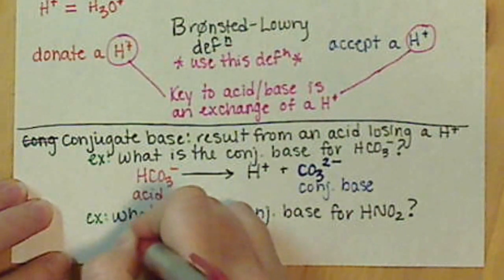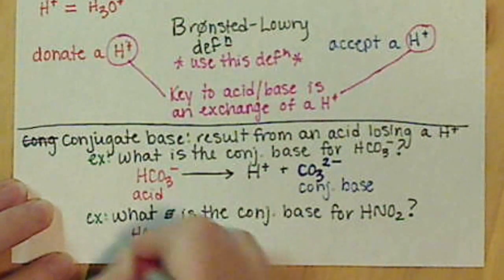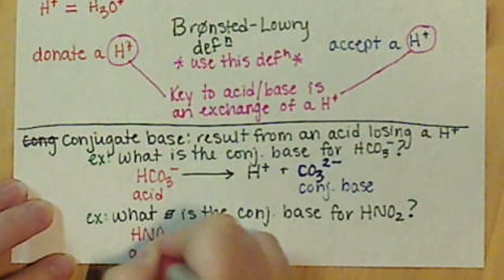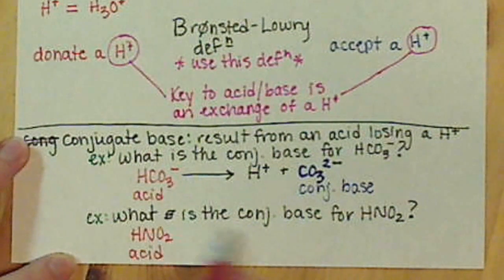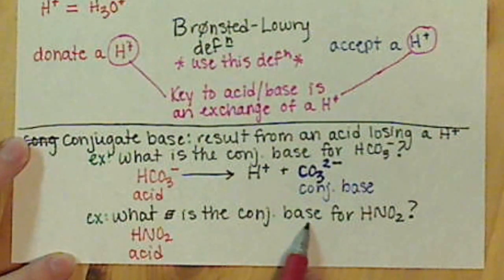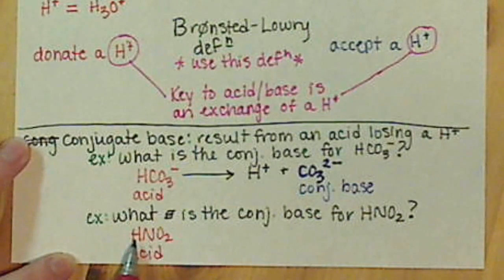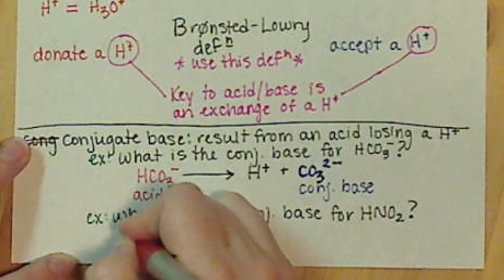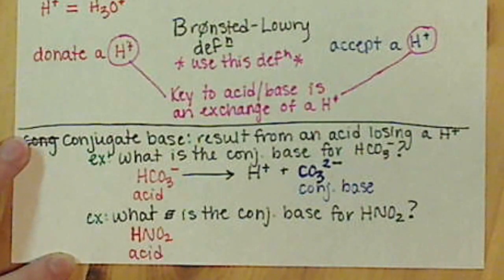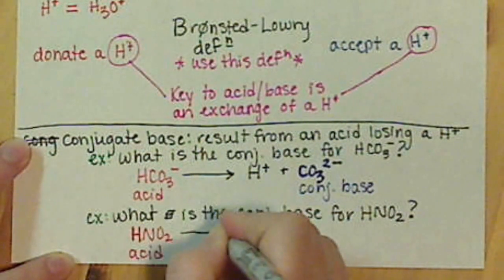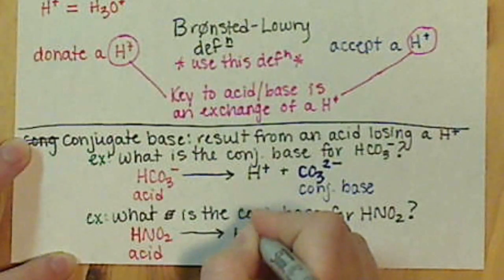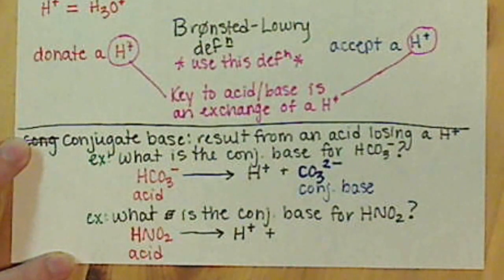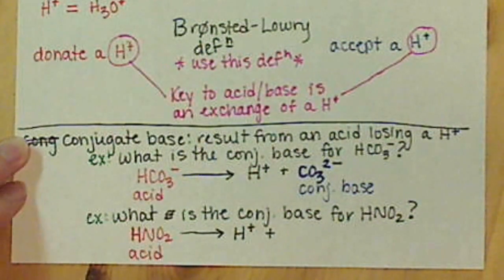So we have HNO2, and this is our acid, and we know that, besides the fact that we're asking for the conjugate base, by this hydrogen out in front. That hydrogen out in front indicates to us that we have an acid. So this acid is going to lose a proton, which is going to leave us with NO2.